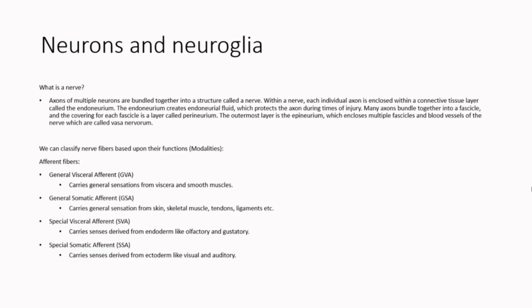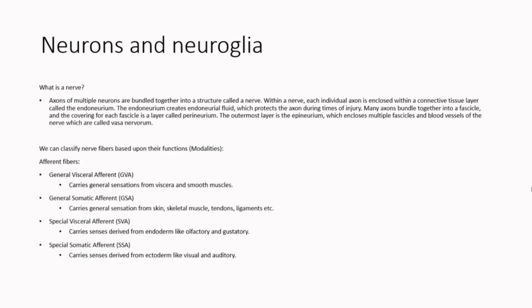So these nerve fibers, we can classify them based on their modalities. We have afferent and we have efferent fibers. The afferent ones, we have 5 of them. We have the general visceral afferent. They carry general sensations from the viscera and the smooth muscles.